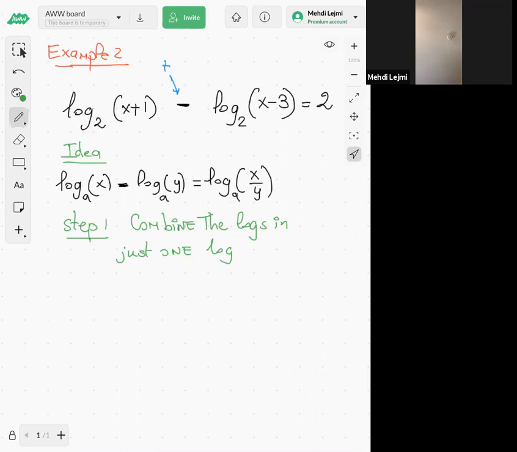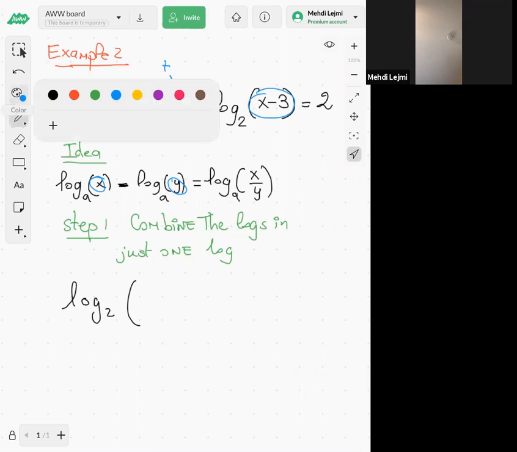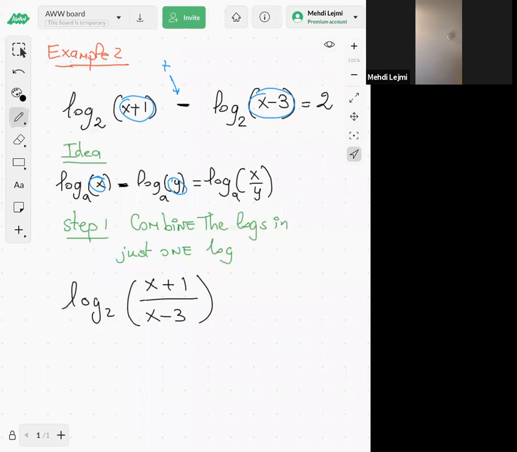So then we're going to have log in base 2 of x over y, where this x here is my x plus 1, and y would be this x minus 3. So it's going to be x plus 1 over x minus 3, right? Equals to 2. So you see, guys, the difference between if you had the plus or minus between the two logs. If you had the plus, then it should be log of the product. If you have a minus, then there'll be log of the quotient, right?